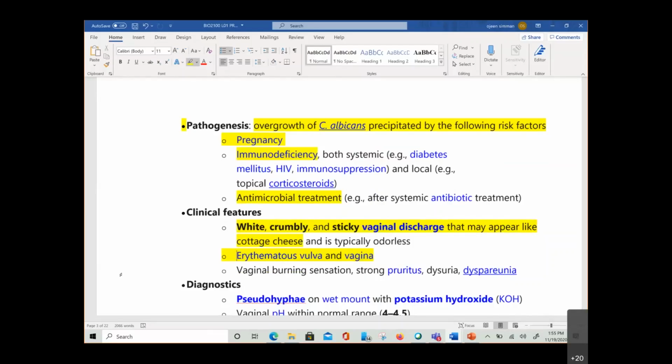They can have a vaginal burning sensation, dysuria, and also strong pruritus, which is itching. But the vaginal burning sensation, dysuria, and dyspareunia are non-specific symptoms, meaning they can be seen with other vaginitis infections. The ones I highlighted are unique to Candida vaginitis.